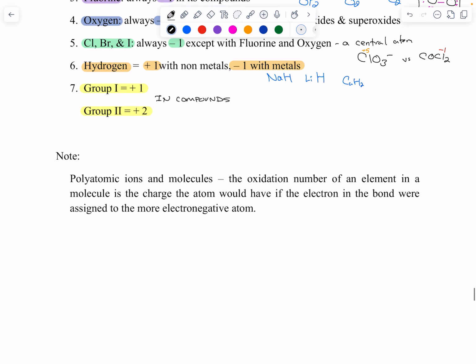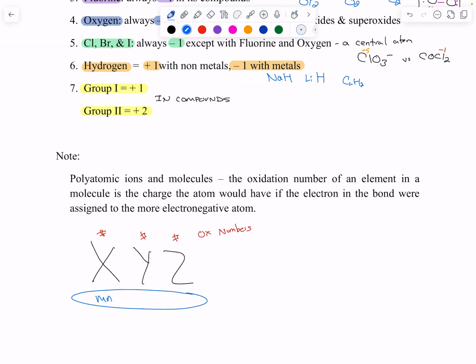Now, how I like to do this, if I have elements X, Y, and Z here, the oxidation numbers are up here. Down below, I like to do my math help. And if you don't know, I'll show you this in a second. And the math help, overall, it equals the charge. All right, so it might be 0, it might not be 0.